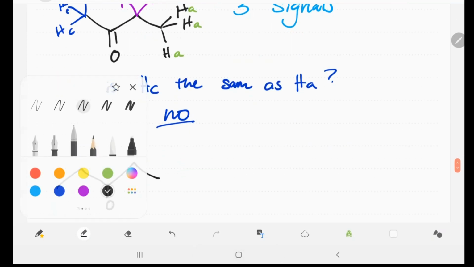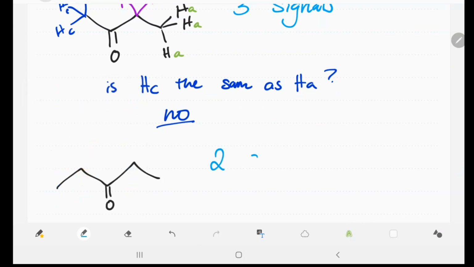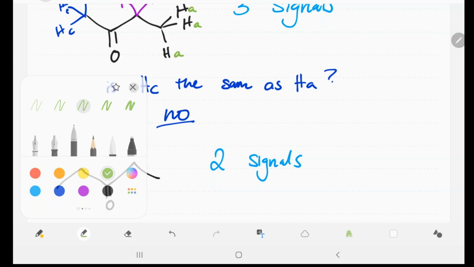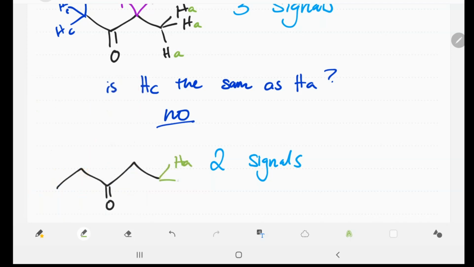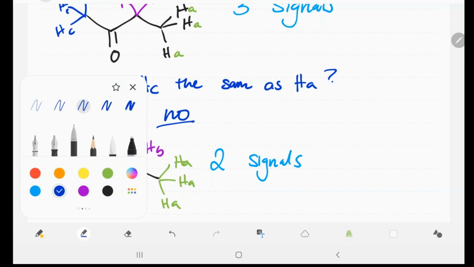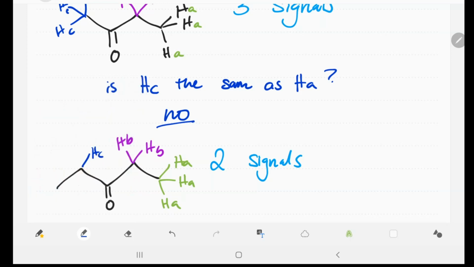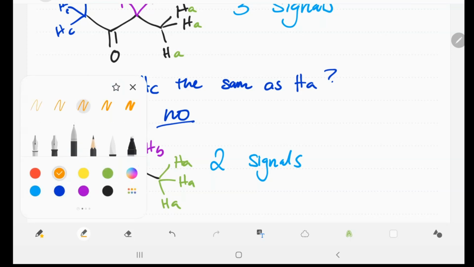This one, however, only will have 2 types. If we draw them all out, got HBs here. And what other color do we have? Orange.